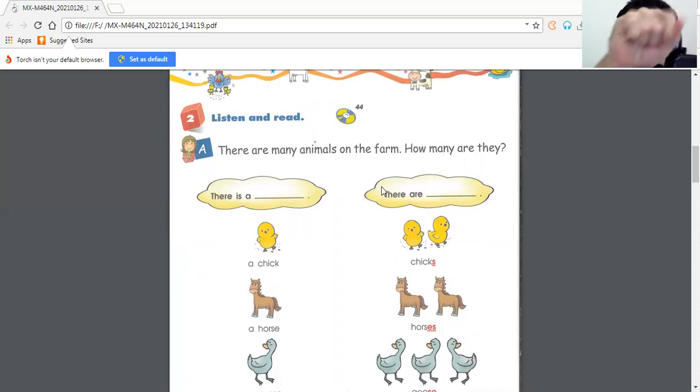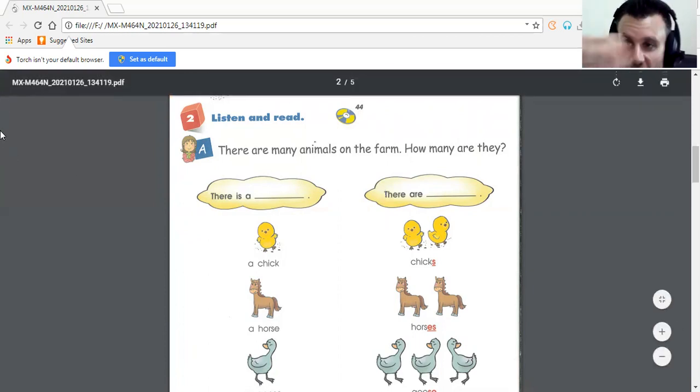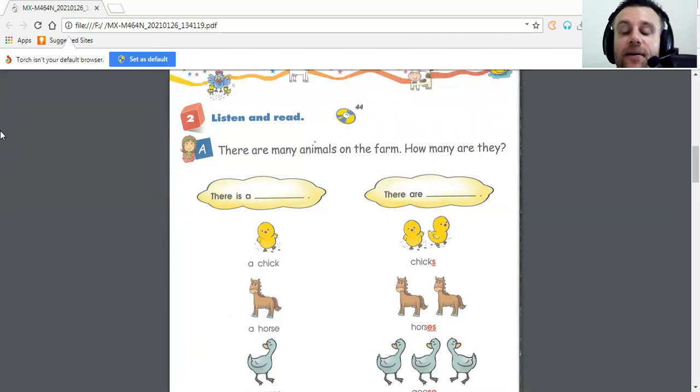There is, because there is just one animal. If we start to have two, three, four, 100, 1,000 animals, you will write, there are.